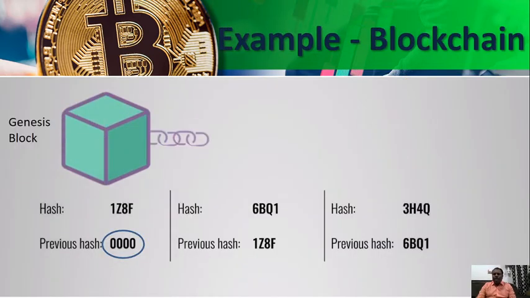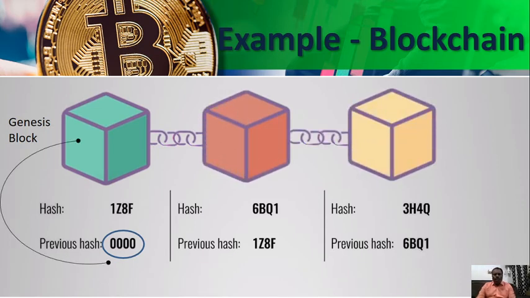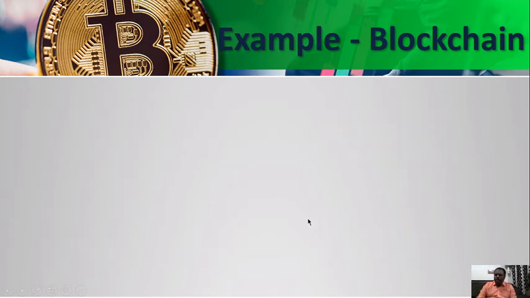An example of a blockchain: imagine there are three blocks, block 1, block 2, and block 3. Each block has a hash value and a previous hash value, which keeps the chain connected. The hash value 6BQ generated by block 2 becomes the previous hash value of its next block, so that block 3 is chained with block 2 because of this hash value.